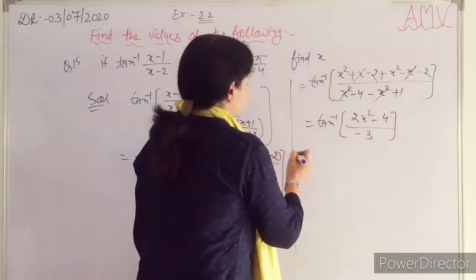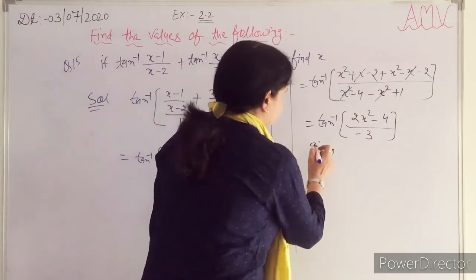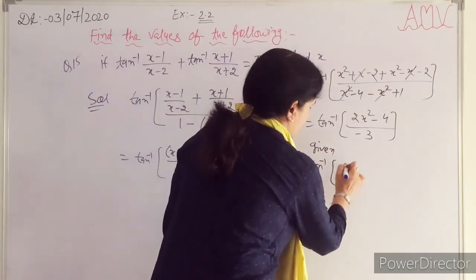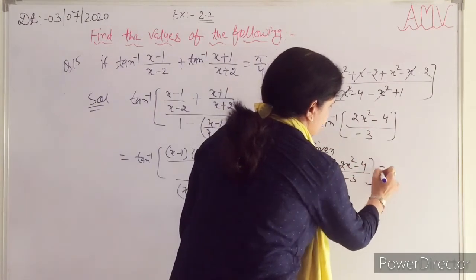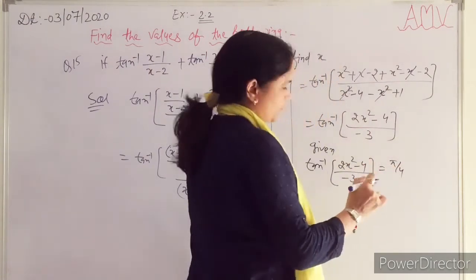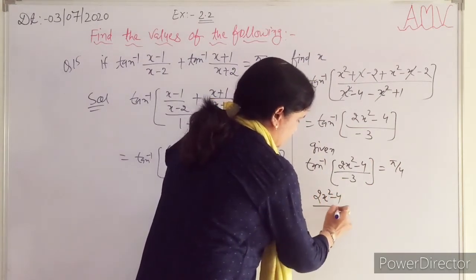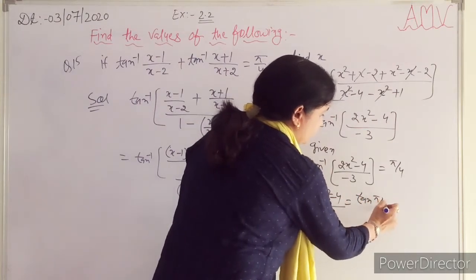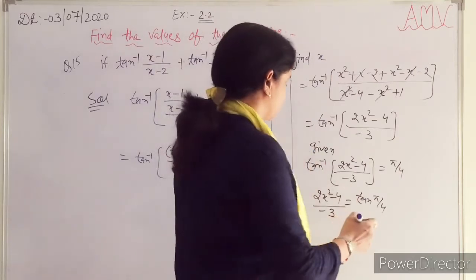Okay. Now student, it is given in the question that tan inverse of 2 by minus 3 is equal to pi by 4. So tan pi by 4 is equal to 1.